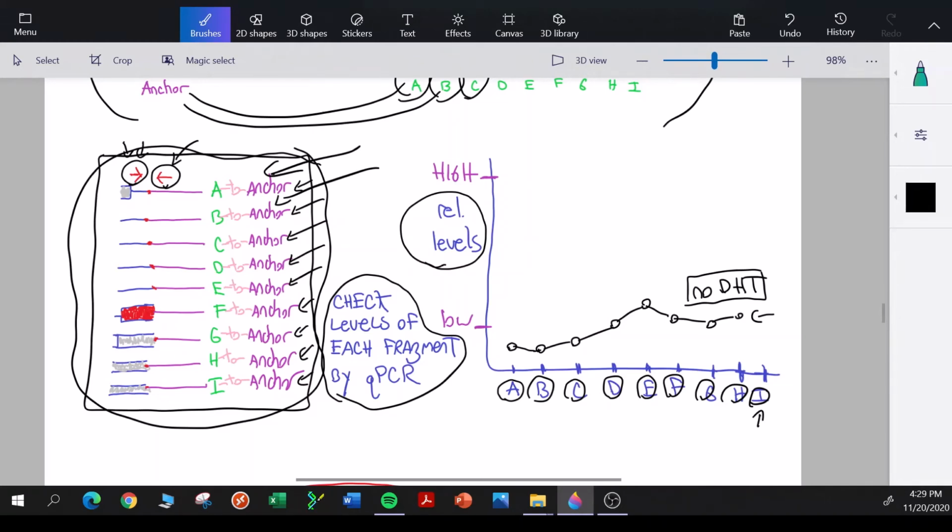And we can see the level of, let's say, E to anchor over here is slightly higher than the level of, let's say, A to anchor up here, right? This is slightly higher than this. Let me clean this up a bit.